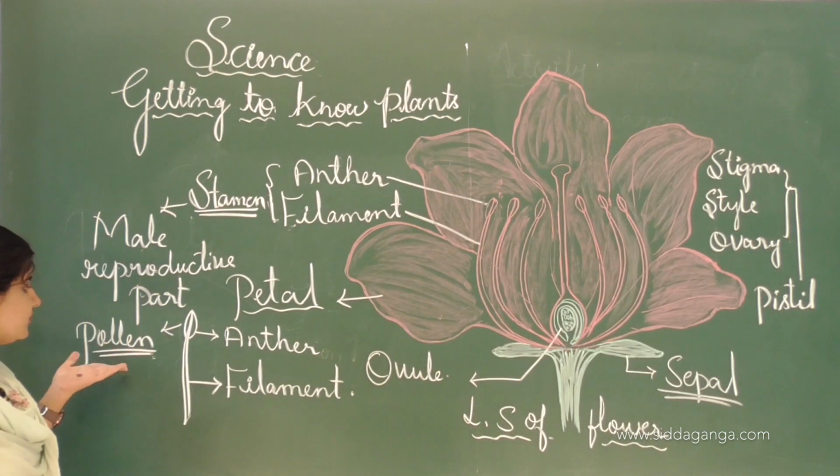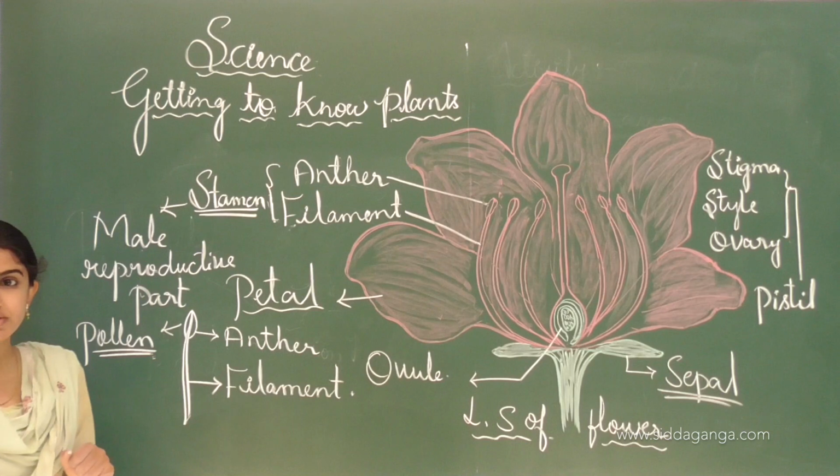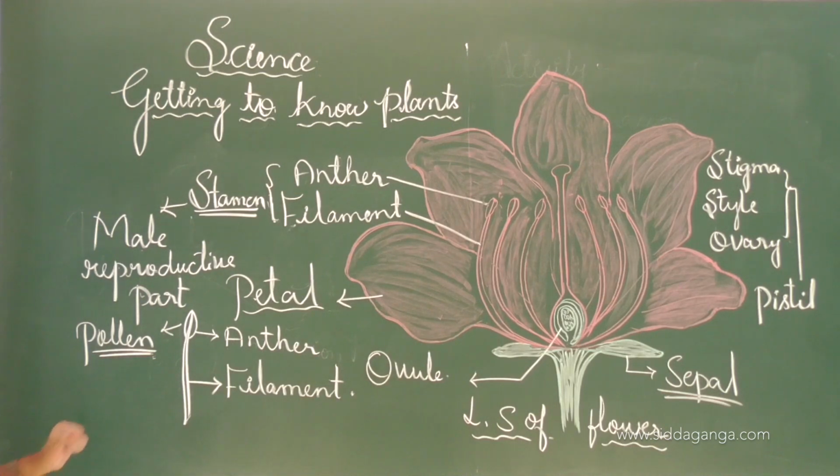It is responsible for the reproduction taking place in the flower. See, this is how the stamen can be divided.